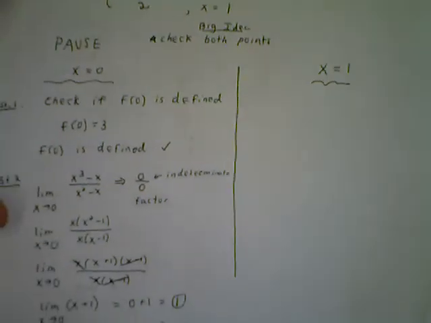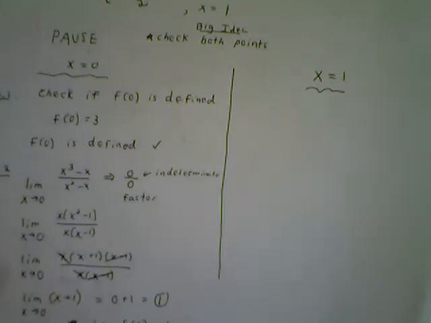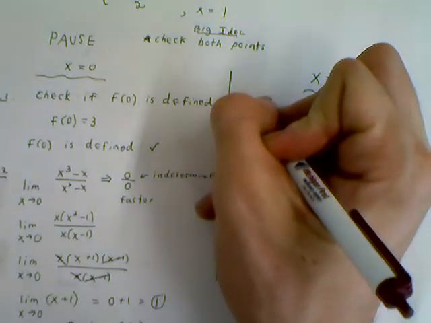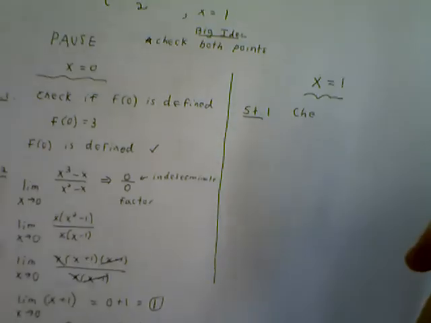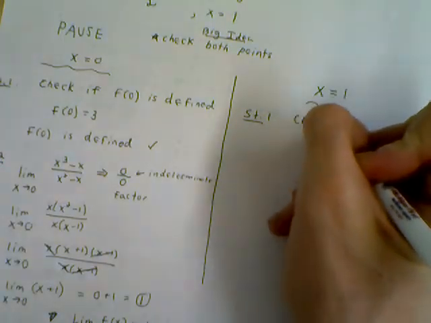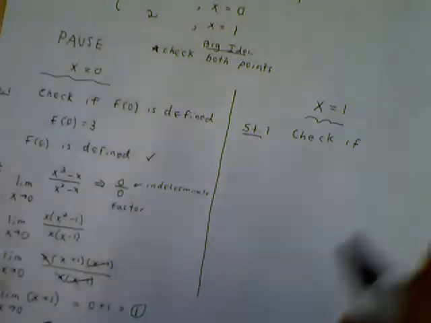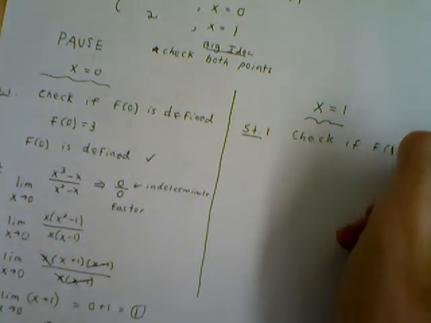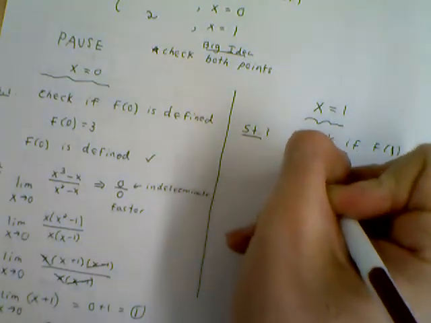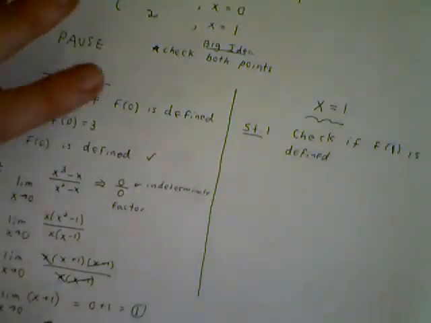All right. Now, so when you check x equals 1, it's the same process. So let's do our first step. We got to check if f of 1 is defined. All right, let's go ahead and do that.